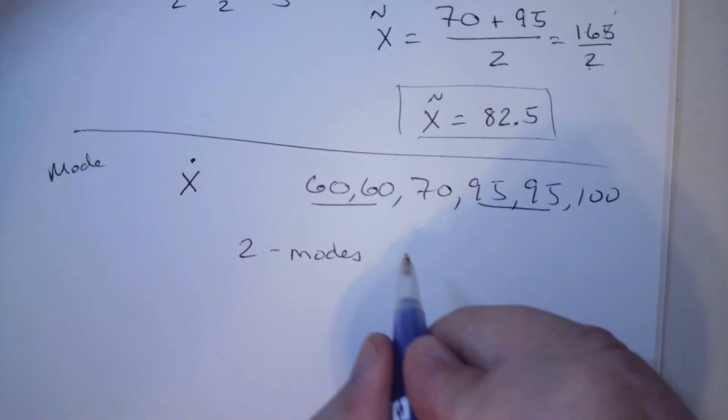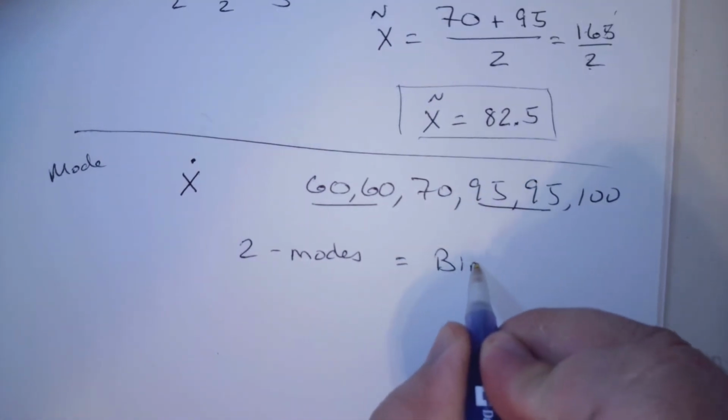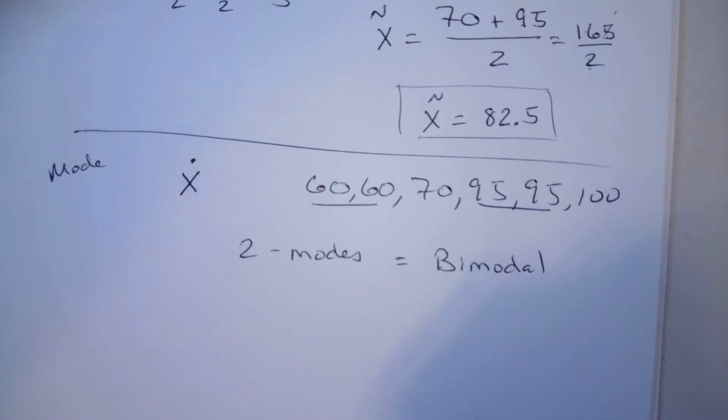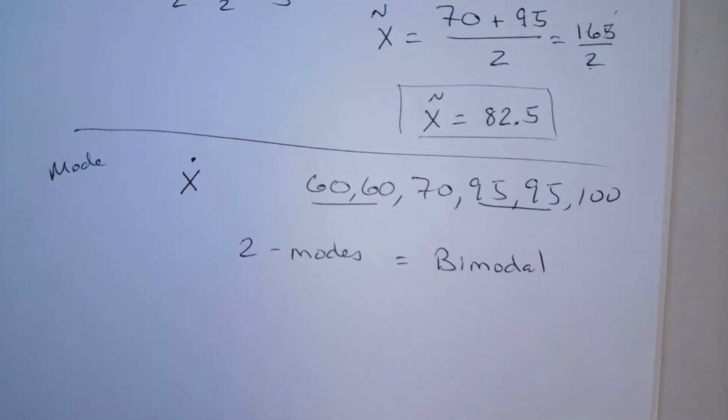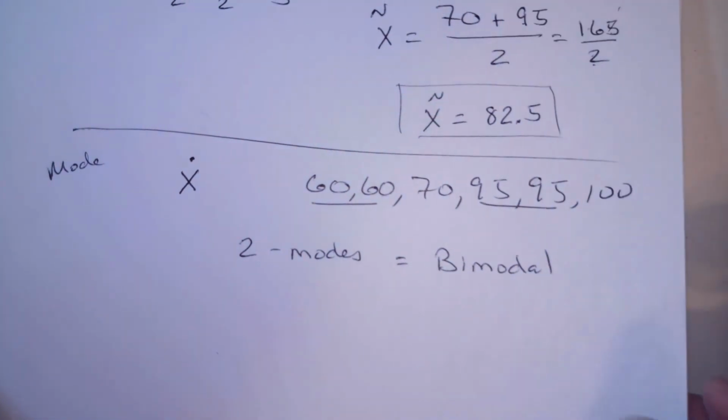Since we have two modes, we call that bimodal. All right, so that's how we do it. All right, let's look at the next example.